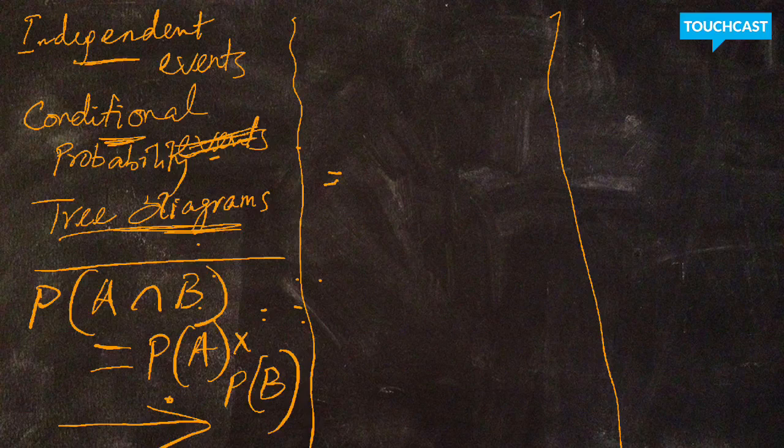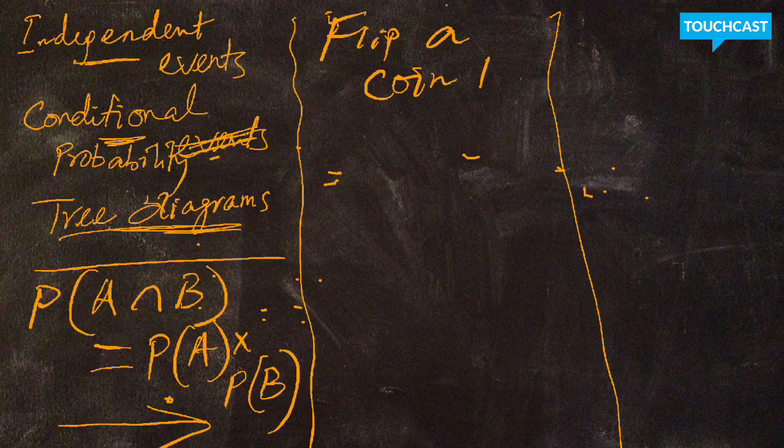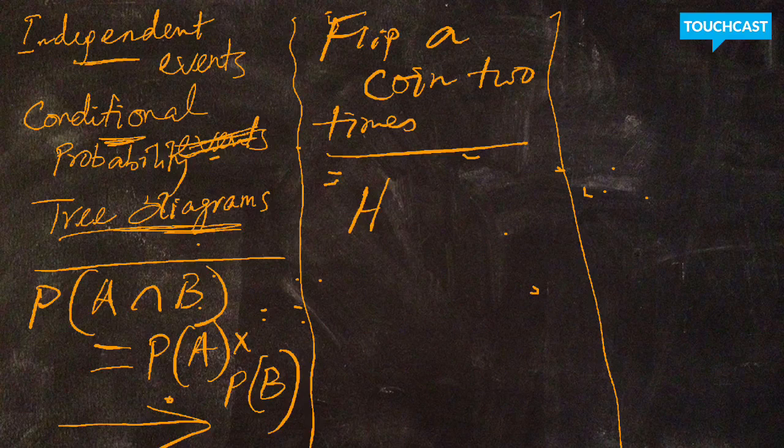Now, if we are talking about flipping a coin twice, so we are going to flip a coin 2 times. So let's say on the first flip we get a head, and in the second one we get a tail.